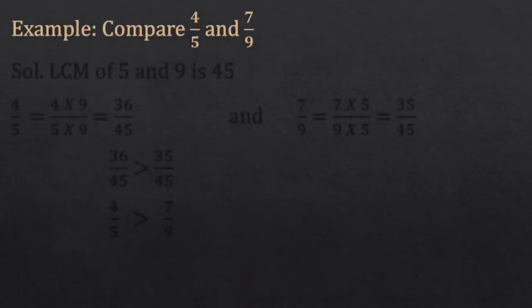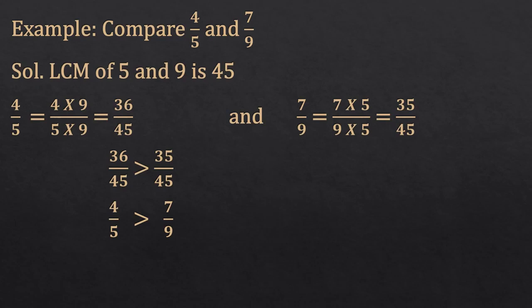Compare 4 upon 5 and 7 upon 9. Now see, in this question, neither the numerators are same nor the denominators. These are totally unlike fractions. So we have to compare them by converting both the fractions into equivalent like fractions. And this we will do with the help of taking the LCM of the denominators. LCM of 5 and 9 is 45.